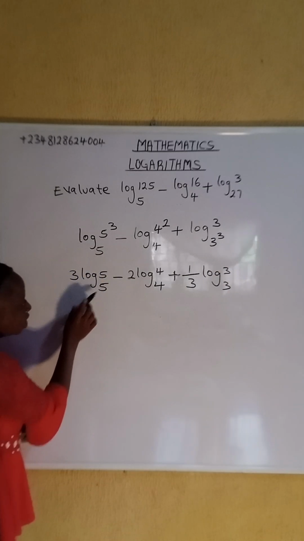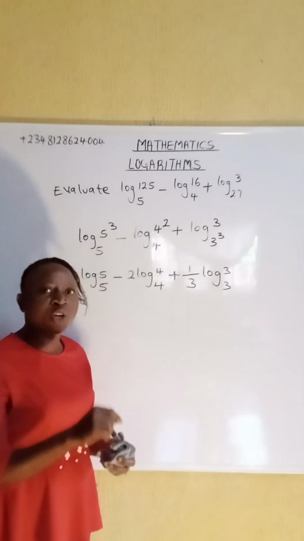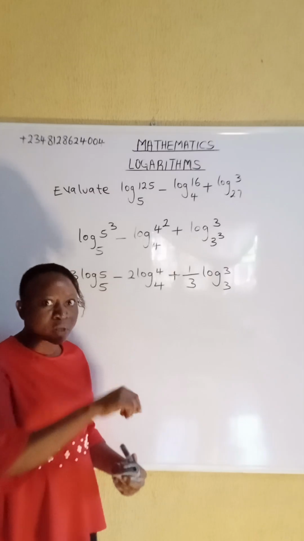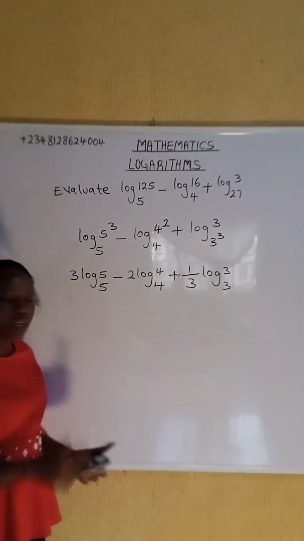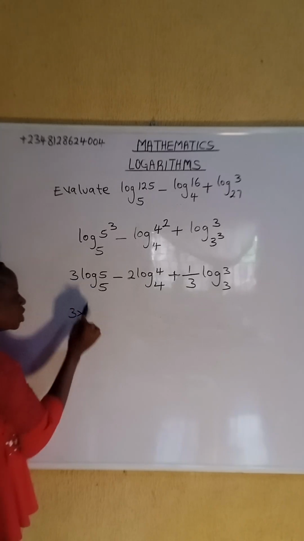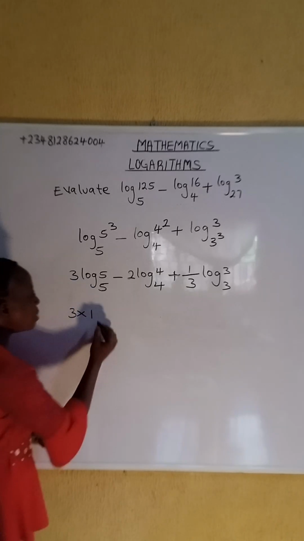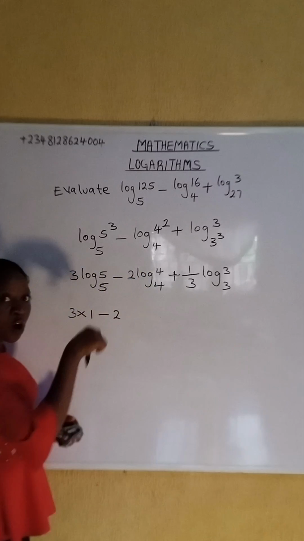Log 5 base 5 equal to 1. The logarithm of any number to itself is equal to 1. Log 5 base 5 equal to 1. Log 10 base 10 equal to 1. So this one will give us 3 times log 5 base 5 equal to 1. Then minus 2 log 4 base 4 equal to 1.